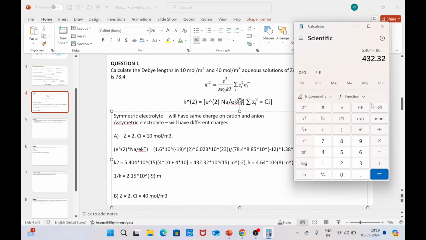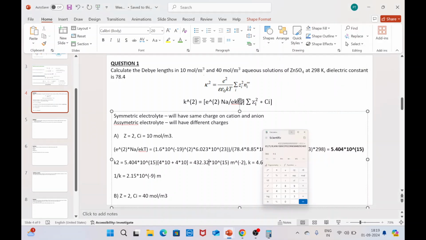And the root will be approximately 6.575 into 10 to the power 8.